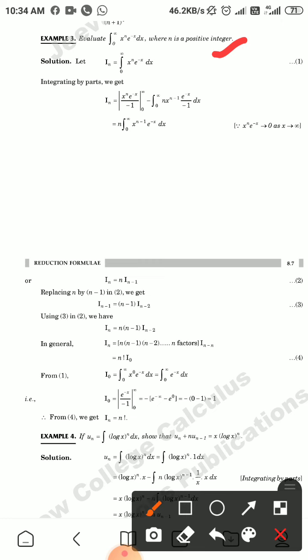In the first term, since x raised to power n e raised to power minus x tends to 0 as x tends to infinity, the first term total becomes 0, and the second term gives n into integral 0 to infinity x raised to power n minus 1 e raised to power minus x dx, or In becomes equal to n into In minus 1, marking this as number 2.